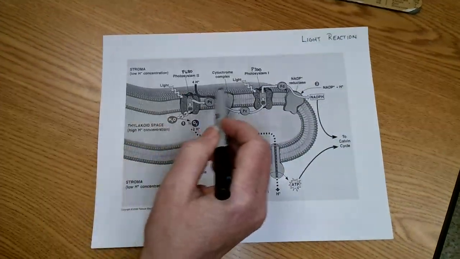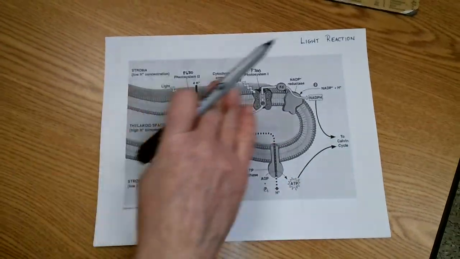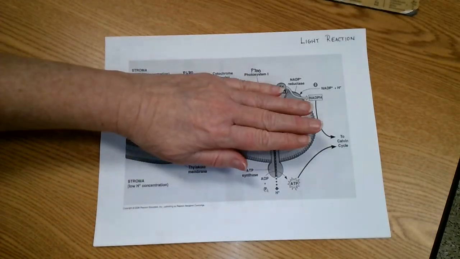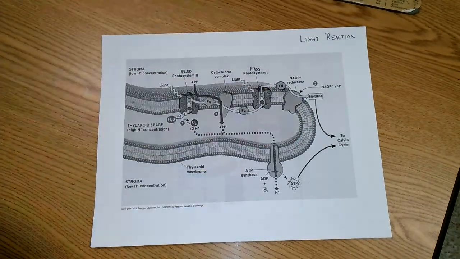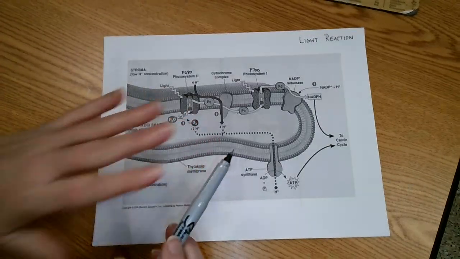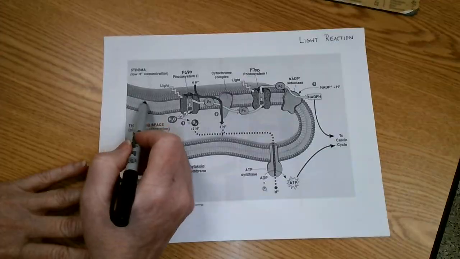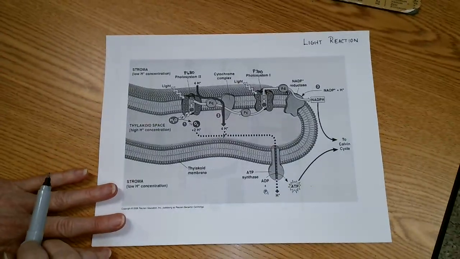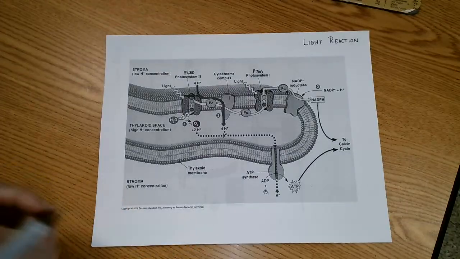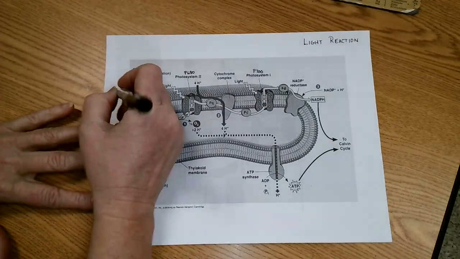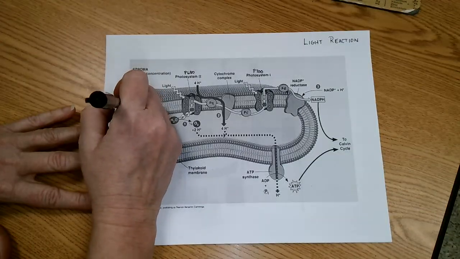So just try and get an idea that this little blob here, or bleb, or whatever you want to call it, is one thylakoid. Now we're going to look at the parts. Just like any membrane, membranes always have a double layer of lipids with proteins embedded in it. Well, so does the thylakoid membrane, just like the cell membrane has a double layer of phospholipids with the proteins embedded in. So let's label those phospholipids.